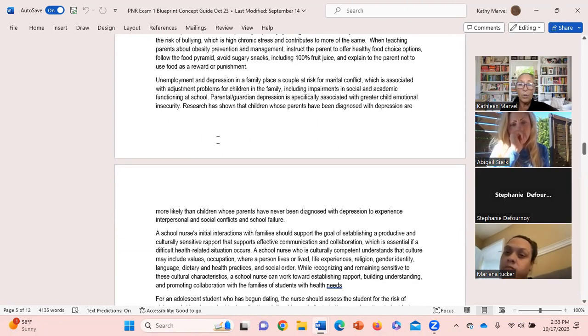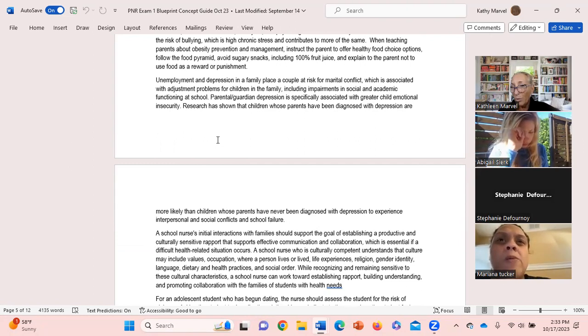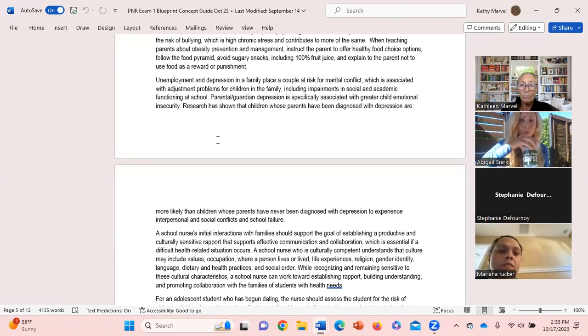Let's see. Unemployment and depression in the family is going to totally contribute to school behaviors. Right? Adjustment problems, behavioral problems, developmental delays. This issue's going on at home. Okay.